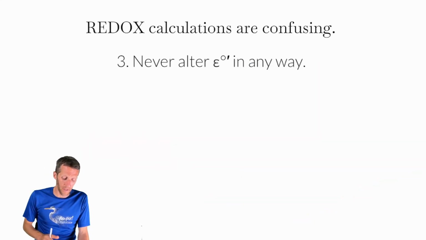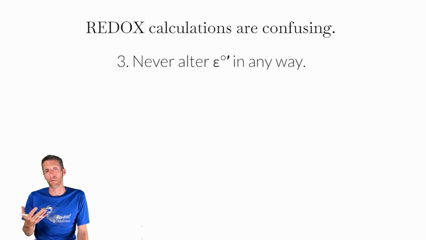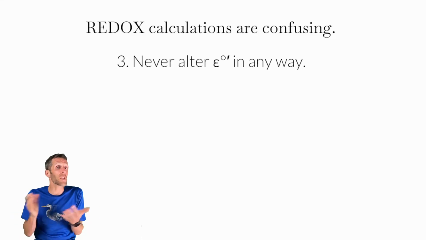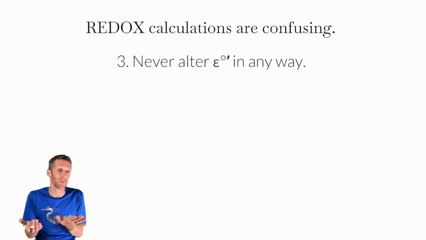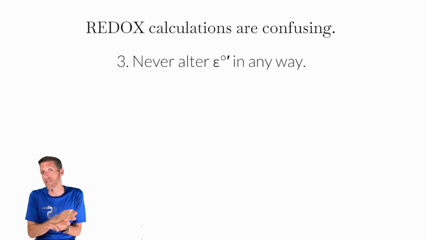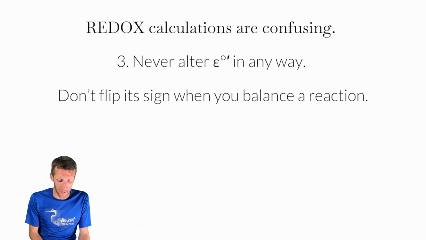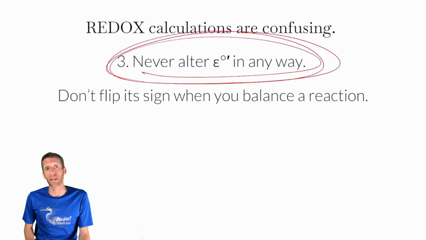Last point of these that I found confusing is I've just found over the years that in a lot of calculations, like, well, what should I do with my standard state reduction potential? One of the big things that I see is a student wants to flip their acceptor standard state reduction potential, and they want to change the sign on it. But a good rule to keep in mind is never alter this in any way.